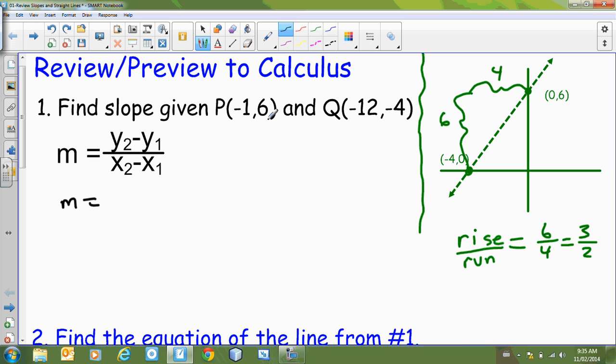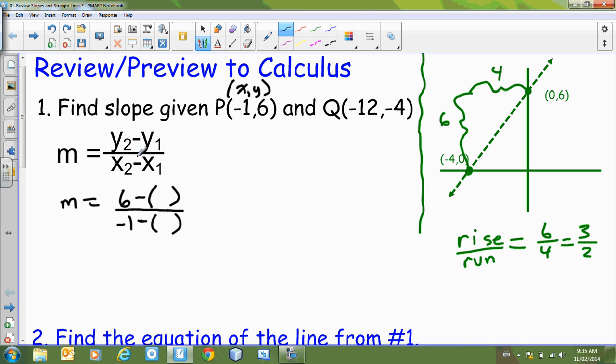And so my y value is the 6. Always, when we declare a point, we declare the x value first. So it's 6 over the -1 minus, and I'm going to suggest right off the bat, and I always suggest it to all my students, anytime you're doing a substitution, use brackets. The first one I probably should have even put in brackets just to kind of keep my rule. But what I want to do is avoid having confusion about the minus and then minus a negative or something like that.